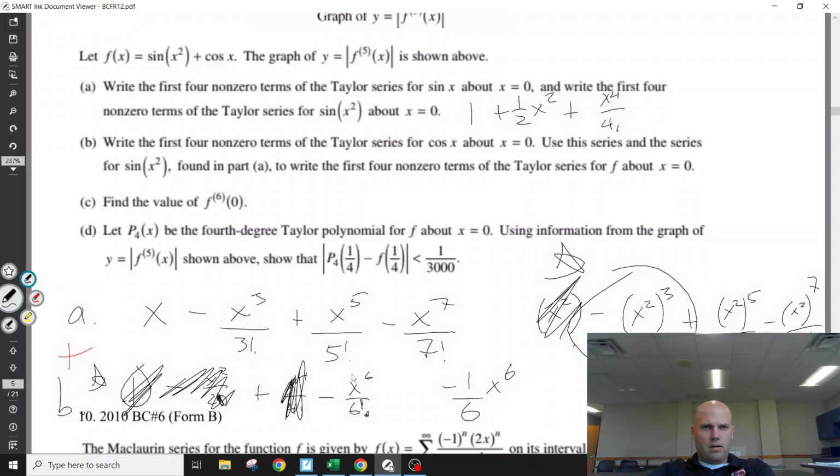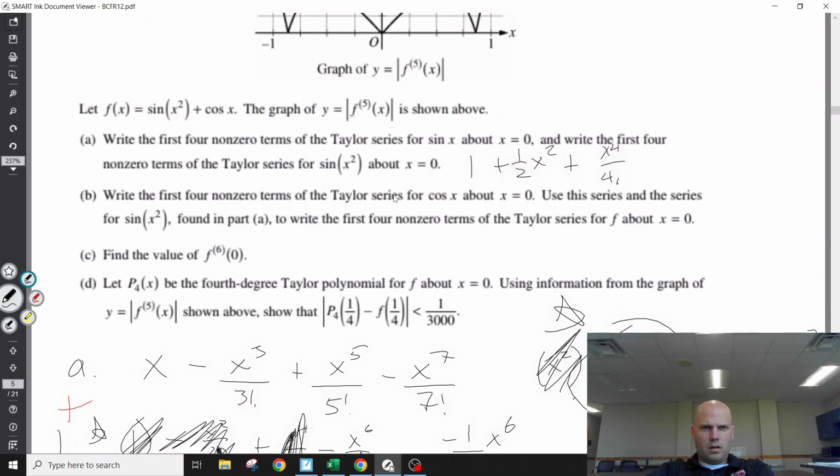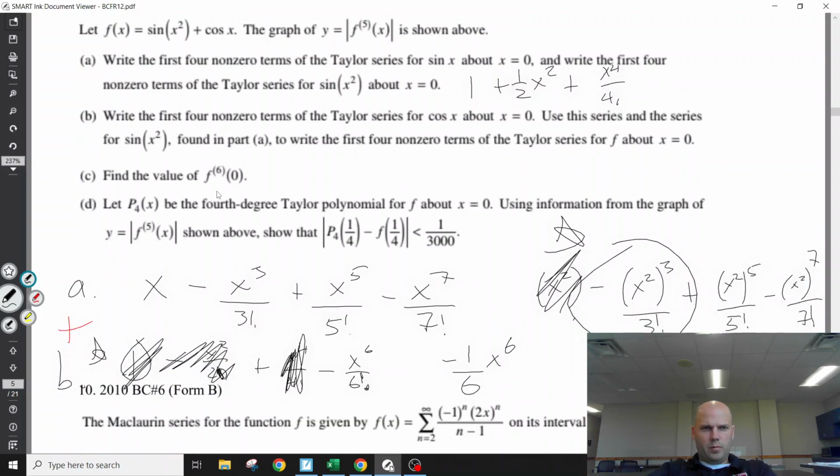How do they write that out? I feel like I made a mistake somewhere. X squared cubed. F is sine x squared plus cos x.